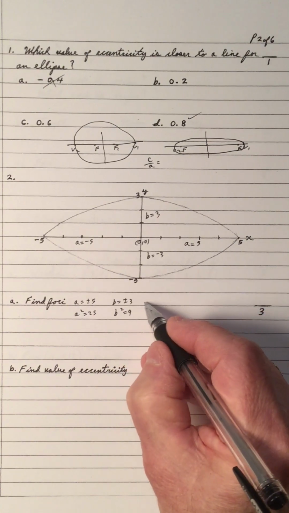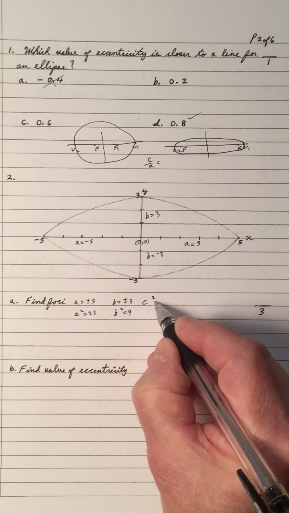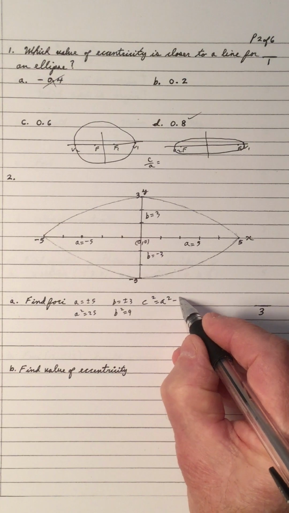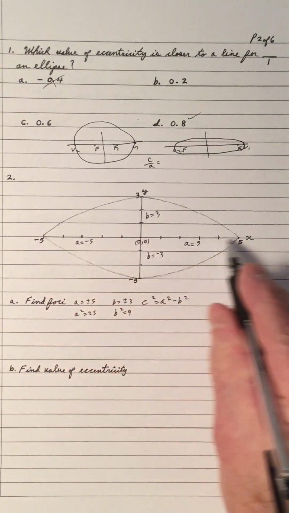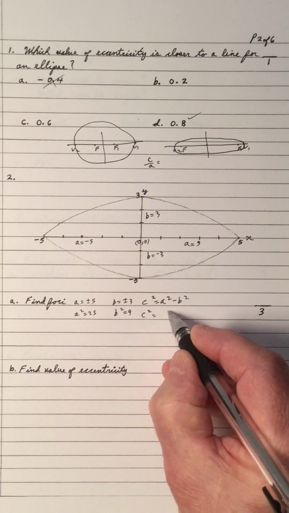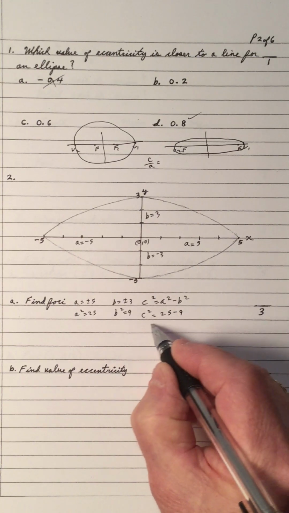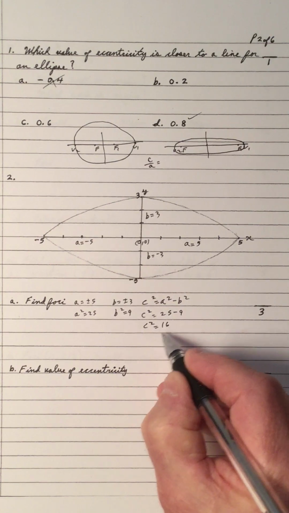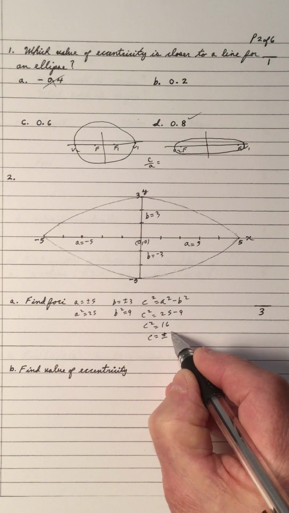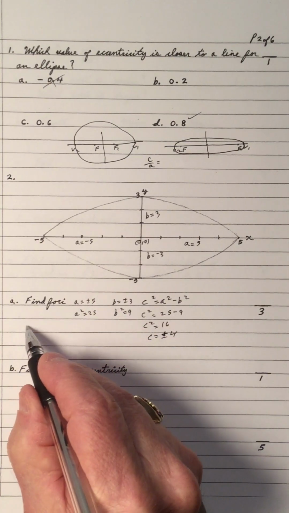So the equation is that C squared is equal to A squared minus B squared, because the major is the horizontal. So C squared is 25 minus 9, which is 16, so C is plus or minus 4. The center is 0, 0.